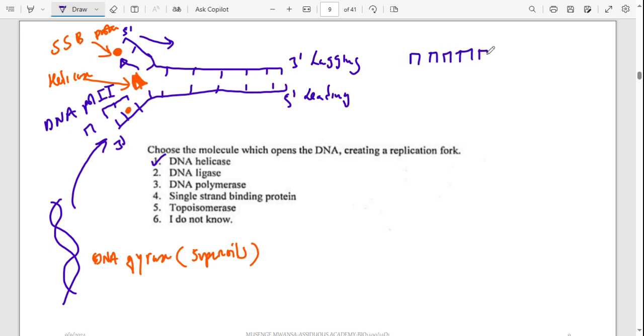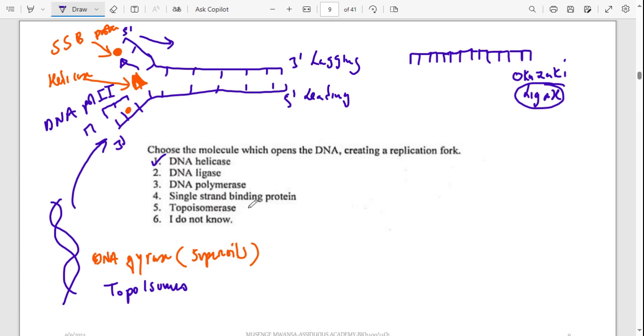DNA polymerase is now going to come and form short strands, and those are known as Okazaki fragments. And then what will come and complete joining these, forming the phosphodiester bonds, is going to be DNA ligase. So take note, DNA gyrase is also known as topoisomerase.